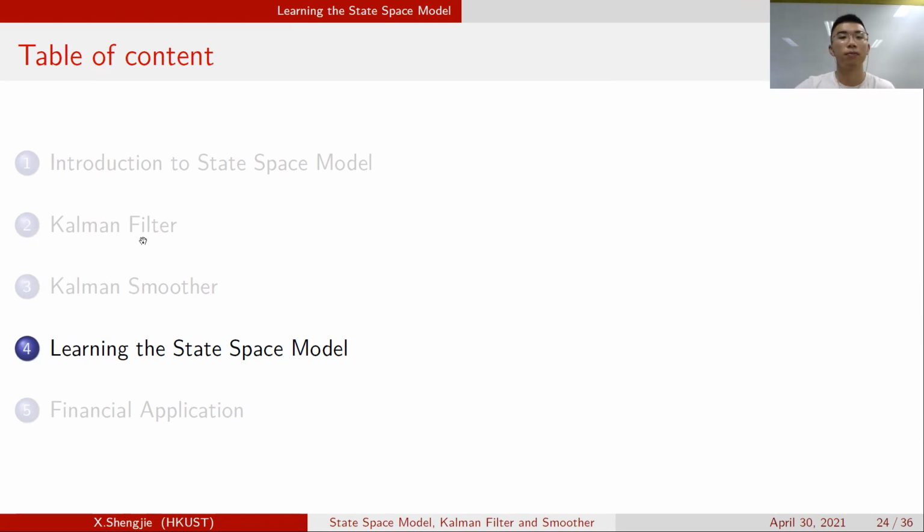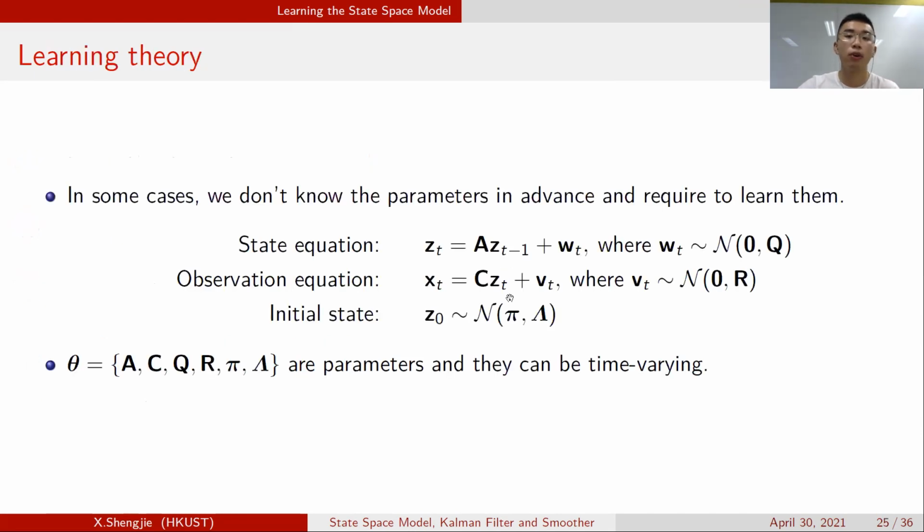You have to use some tricks to train them, to find them. And this is called learning. For example, in this state-space model, there are some parameters. A is a parameter, the transition. But perhaps in reality, we don't know the transition. Although in our first example we knew that the transition A would be 1, in fact in most cases we don't know.